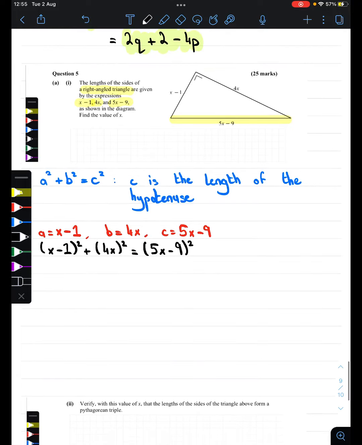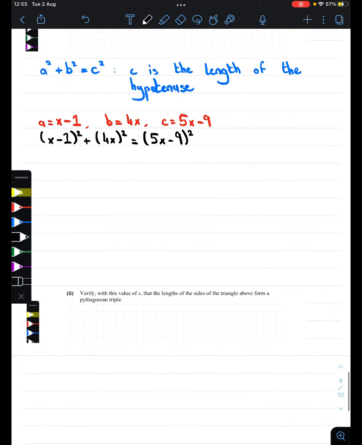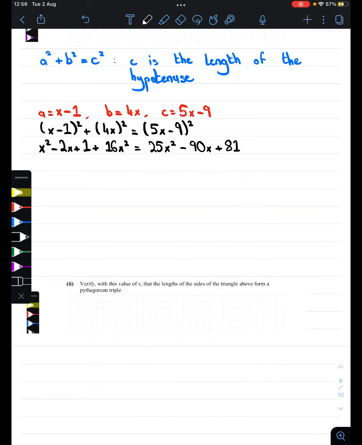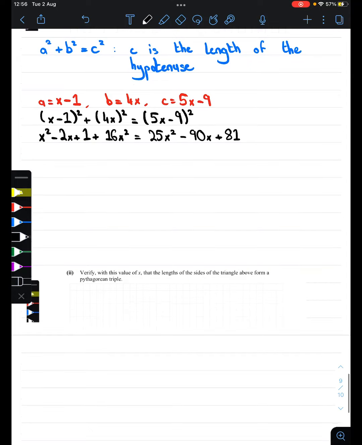Let's square these terms, and we get x squared minus 2x plus 1 plus 16x squared equals 25x squared minus 90x plus 81. You can see we're going to get a quadratic equation here.